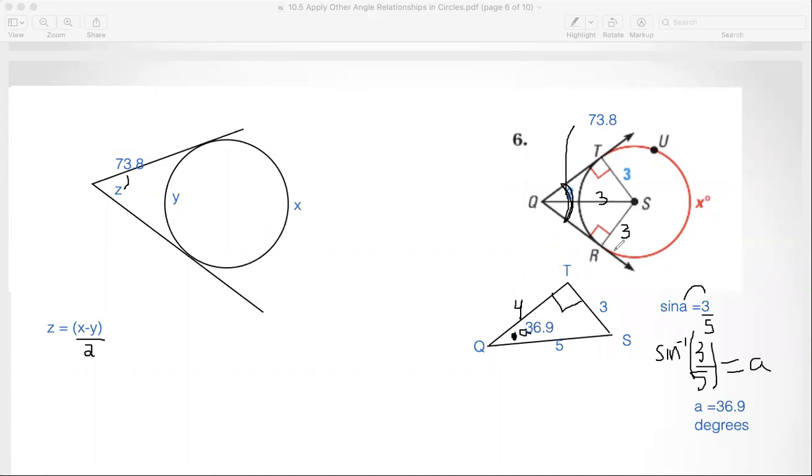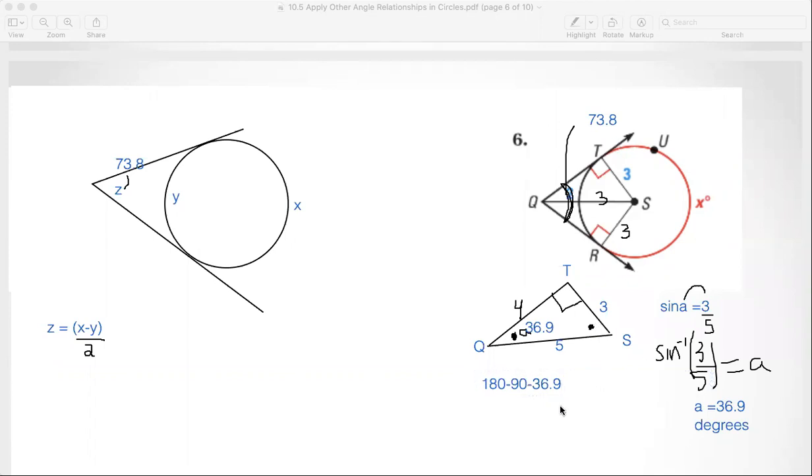Now I can find Y, because what I have here is a central angle. A central angle is the exact same as its intercepted arc. So what I'm actually going to do is find the angle right here. Now I know a triangle adds up to 180, so I'm going to do 180 minus 90 minus 36.9, and I get 53.1.